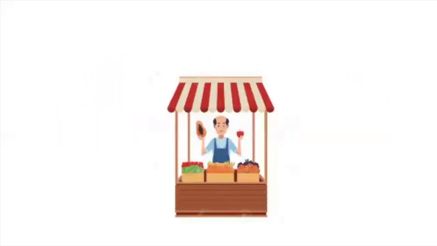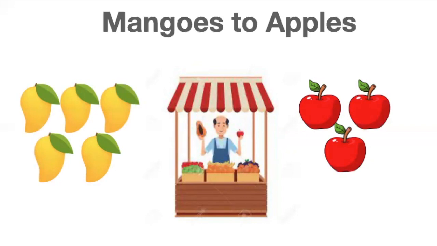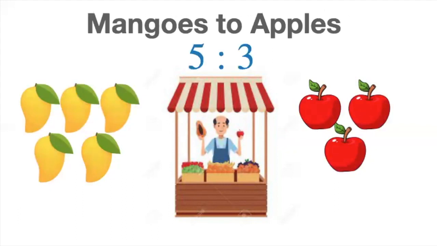Let's have another example. In a fruit stand, for example, the man sold 5 mangoes for every 3 apples. So the ratio of the mangoes to apples can be represented as 5 to 3 or 5 is to 3.